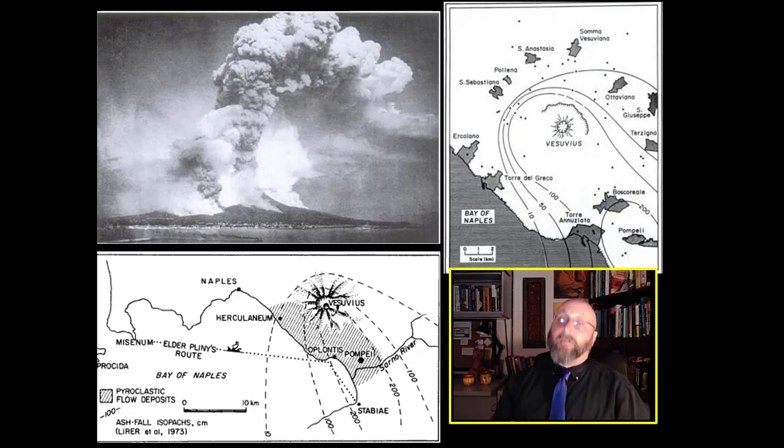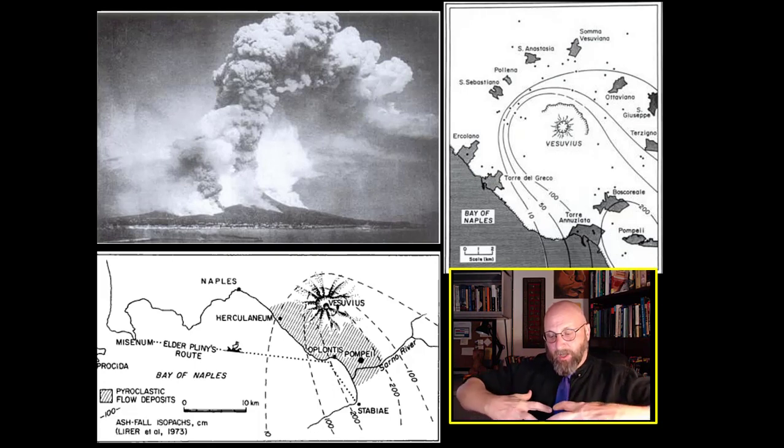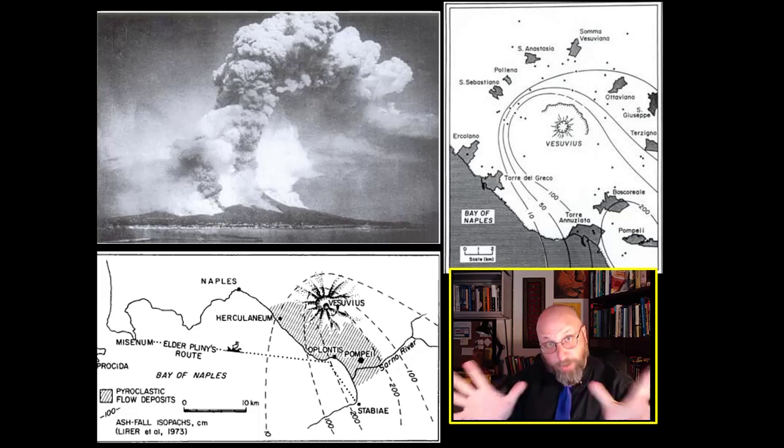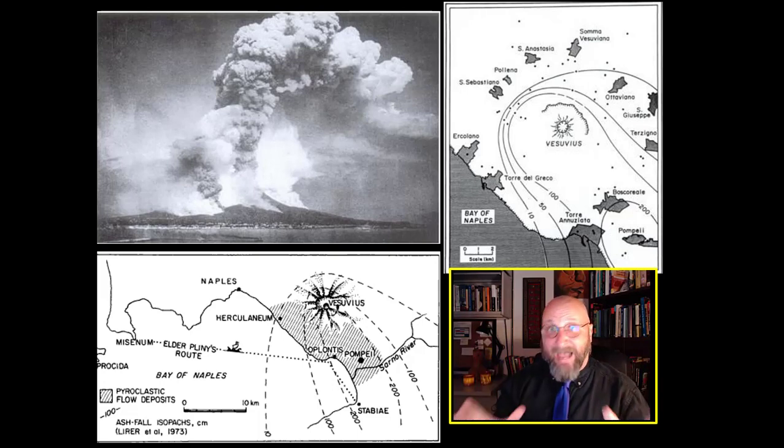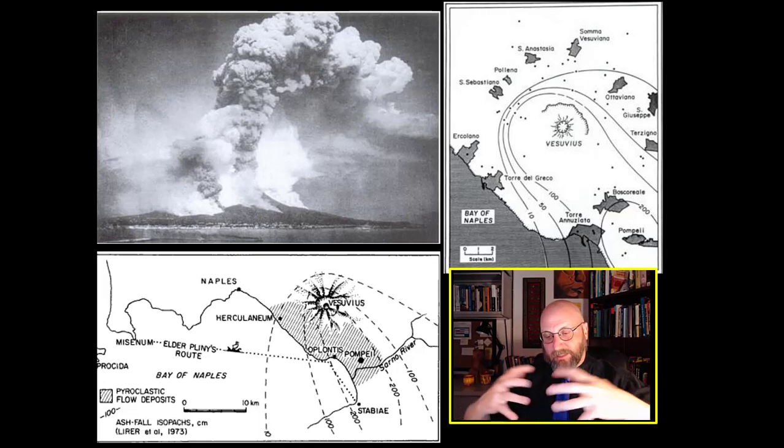What is a pyroclastic surge? A pyroclastic surge is probably the single most dangerous geological event on the planet. It basically consists of when the central chamber of a volcano bulges and explodes out the side of the mountain. And it turns into this massive cloud of burning gas, of burning ash.